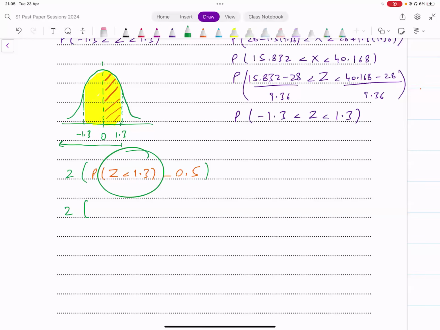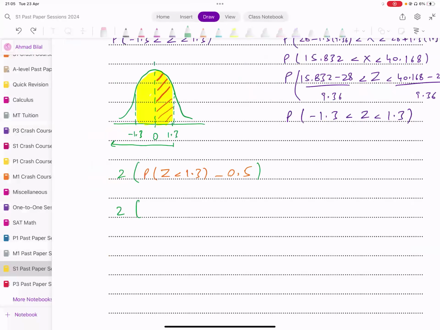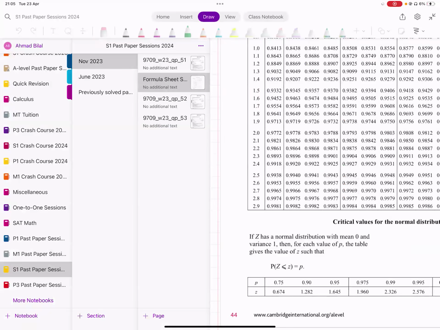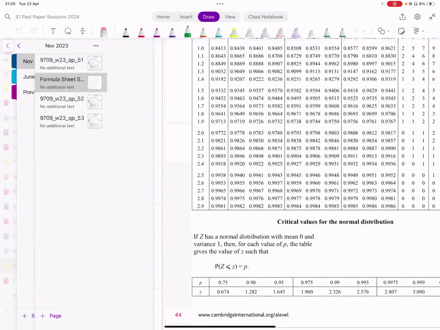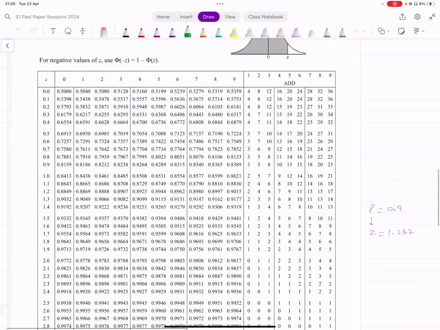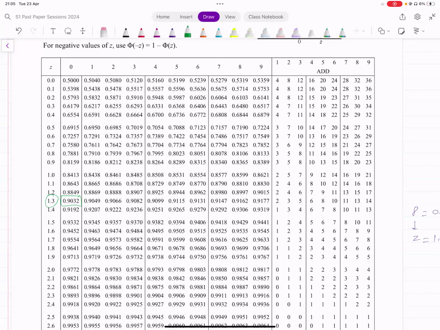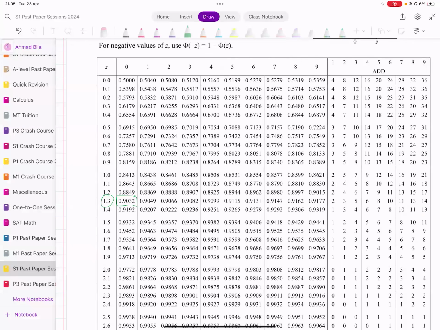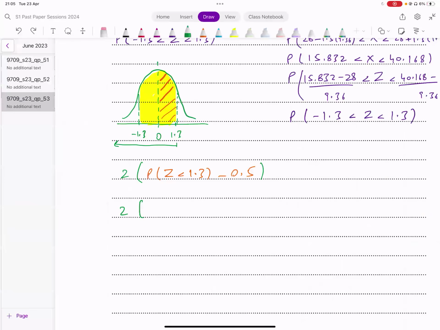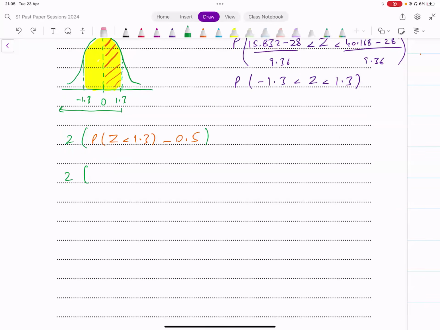We can find Z less than 1.3 from the table. When the value of Z is 1.3, what are we getting? 0.9032. That's the probability that we've got. 0.9032 minus 0.5, this part inside the bracket, is going to give you this part.